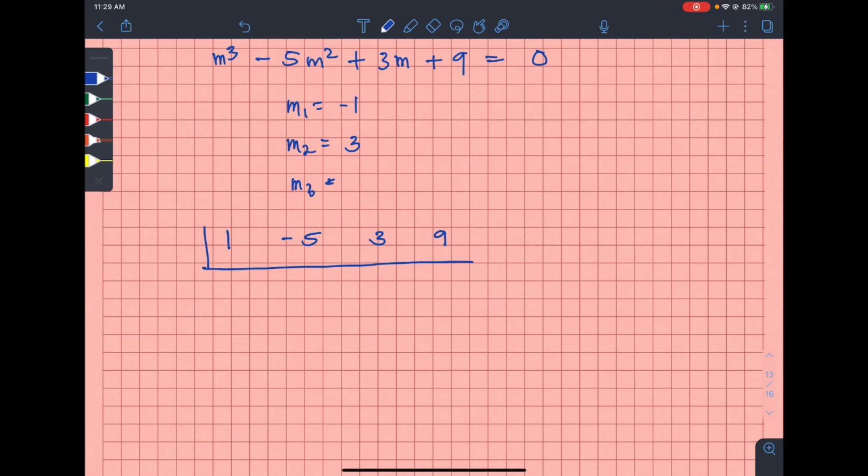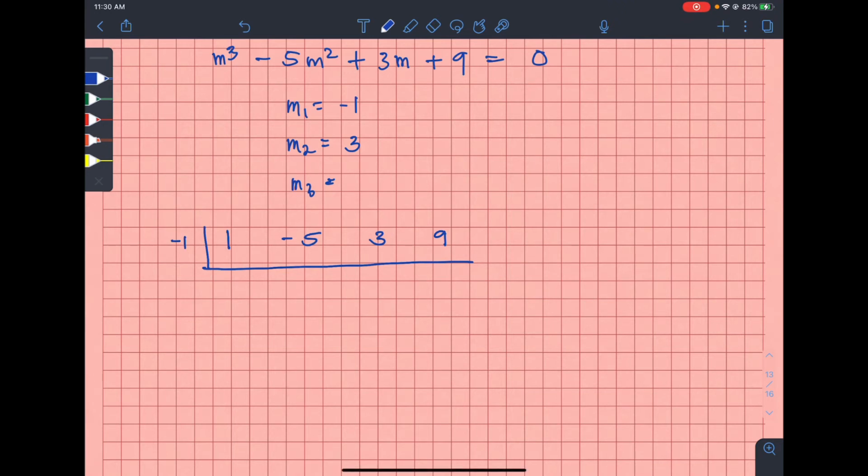Remember that to determine whether something is a root or not, the remainder should be 0. If the remainder is 0, that is a root. If it is not 0, that is not one of the roots. In this case, one of the roots is negative 1.